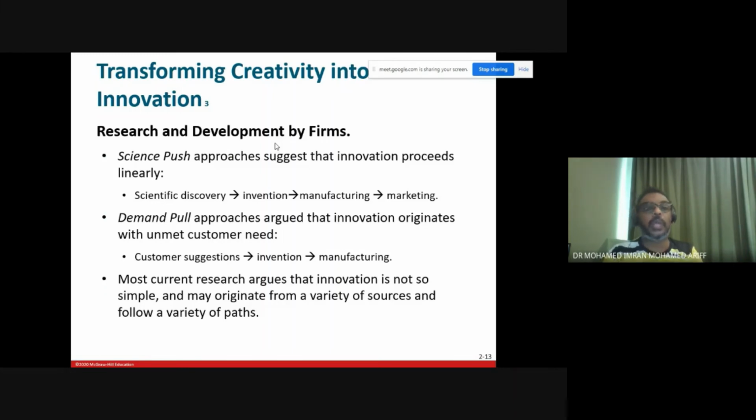Okay, so you can have two types of firm innovation. One is from the customers, one is scientific discovery. That means the firm itself pushes this. Let's say it's like this. Now we know, inshallah, in the coming years we are going to 5G.